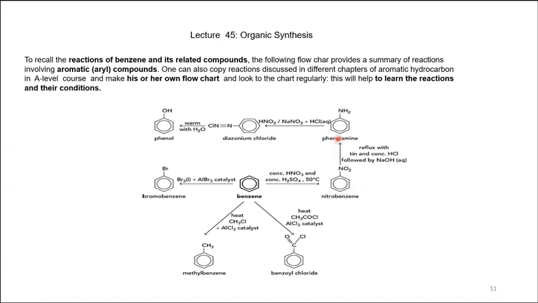So I suggest that A-level students have their own chart and keep it in a place where you can regularly check the chart and learn the reactions and their conditions.